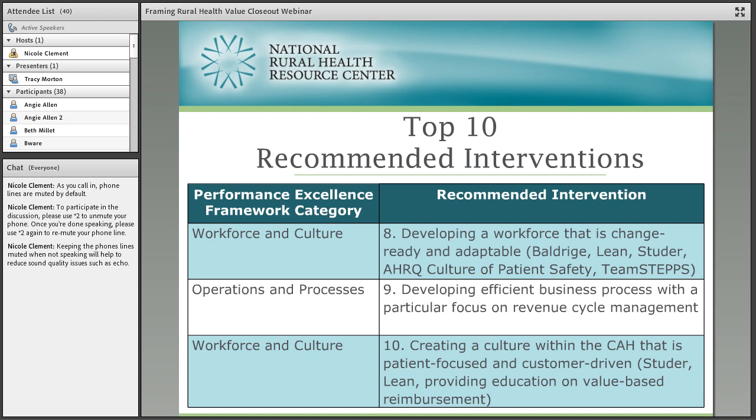Sure. And here at the center, we've implemented some Lean projects too, and I think it's such a neat system because it allows you to see, really quickly, a return on investment, or identify those areas of waste. And among some staff members, it can really start that fire of, this is really exciting, and I'm operating so much more efficiently, or I can get more done, or I have less red tape to work through.